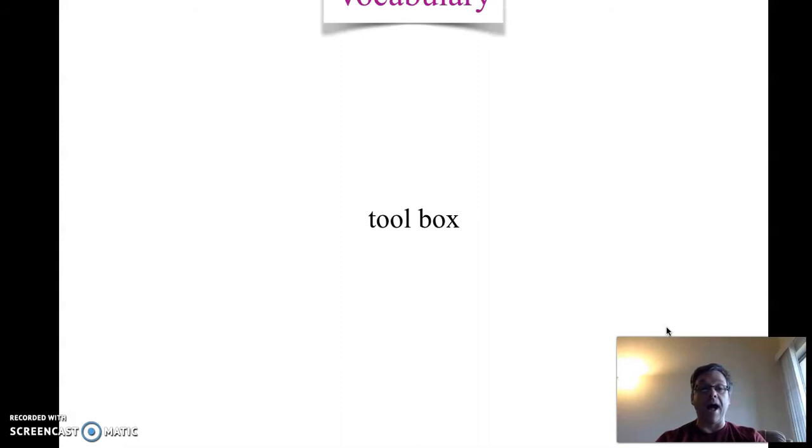First, we have the toolbox. The toolbox is the thing that we keep all of our tools in.